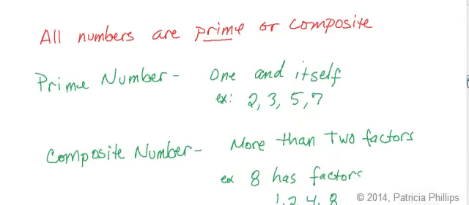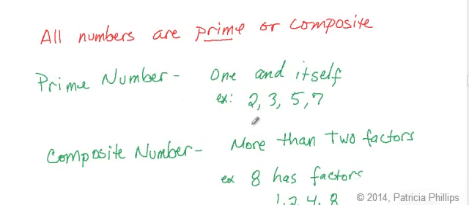It says all numbers are prime or composite. All numbers. They're either one or the other. So, what is a prime number? A prime number is a number whose factors are the number 1 and itself.